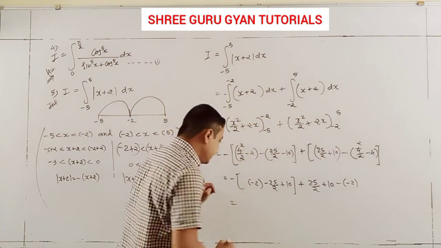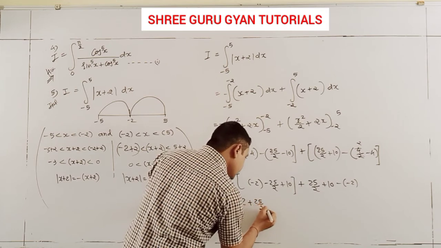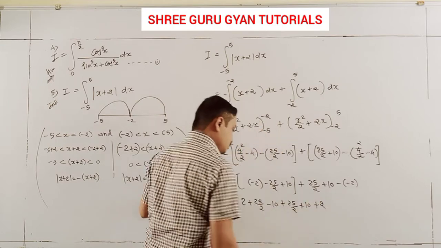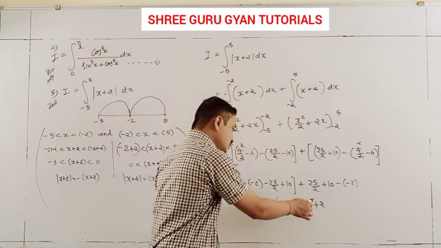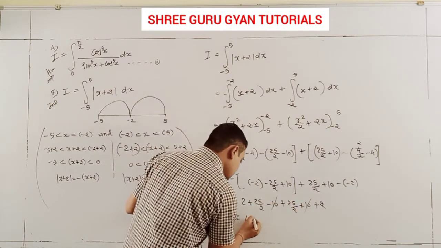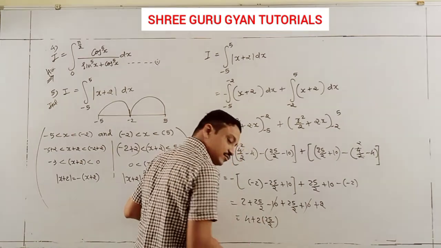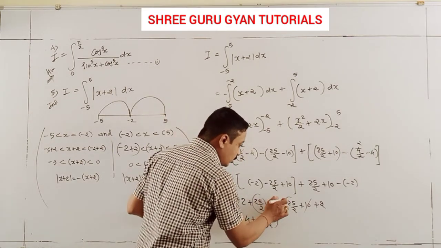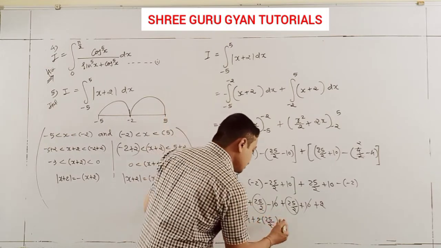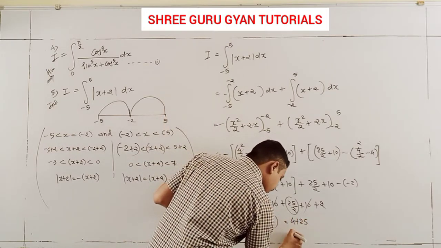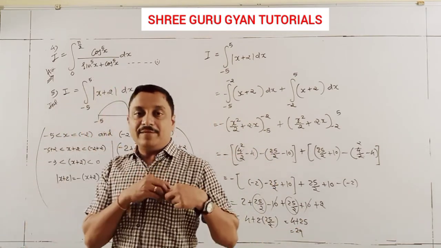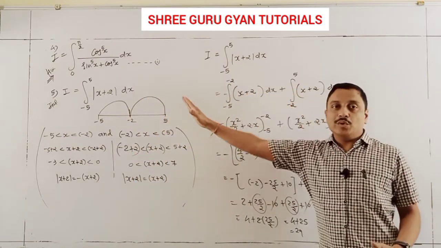So minus take inside. 2, 25 by 2, minus 10. 25 by 2, 10 in plus 2. So 10, 10 gone. 2 and 2, which is 4. And here 2 times 25 by 2. 1 time. 1 time. And students, here 25 by 2, 25 by 2, 2 times this cancel. So my answer is 4 plus 25. It is 29. And here students, your 29 is correctly and easily the answer in this part.